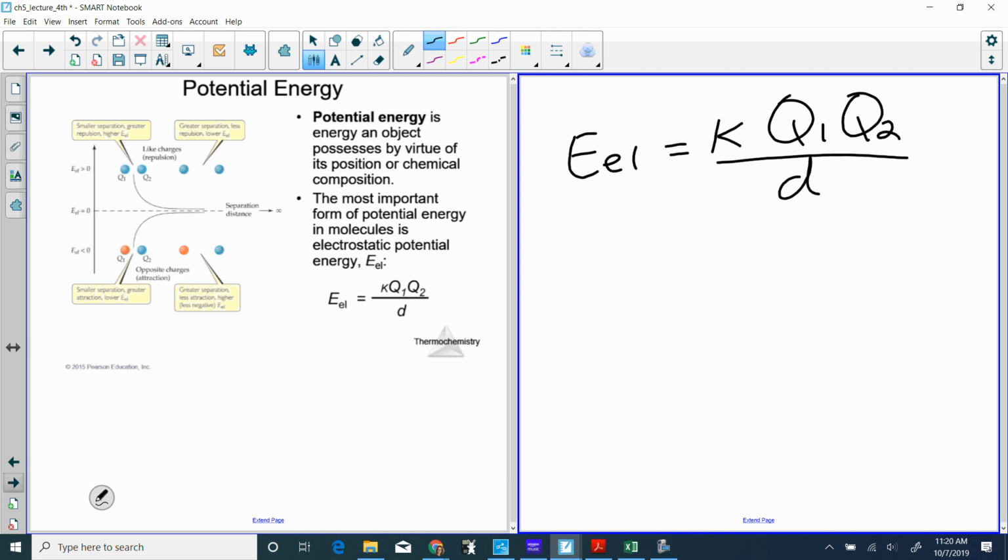E_EL, electrostatic. Okay, so kappa is a constant, so we're not going to worry about it.